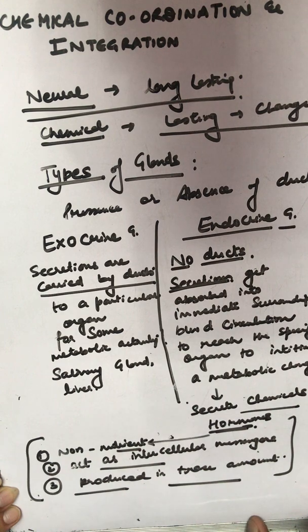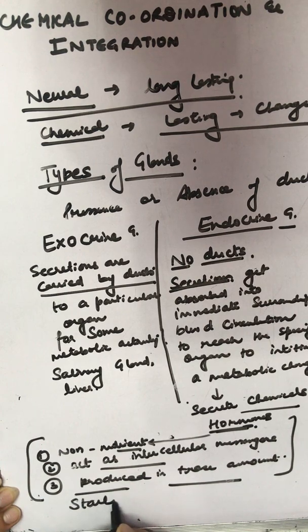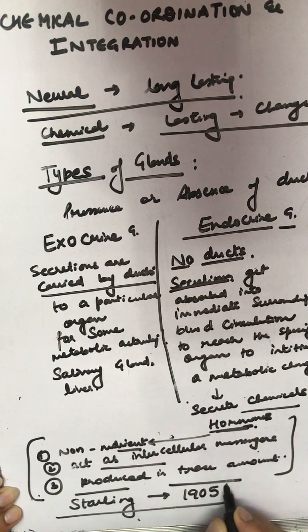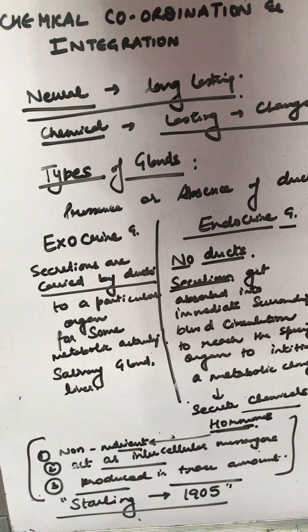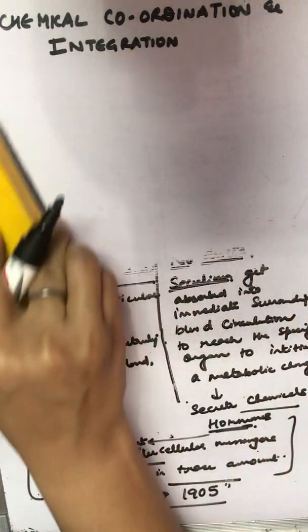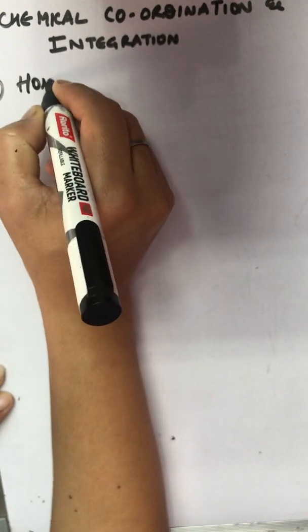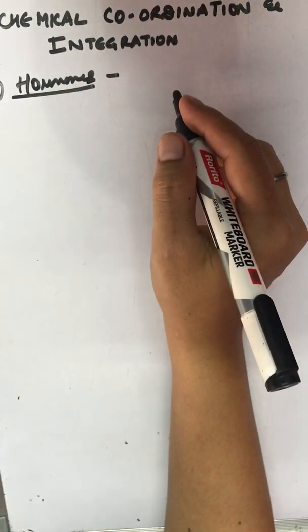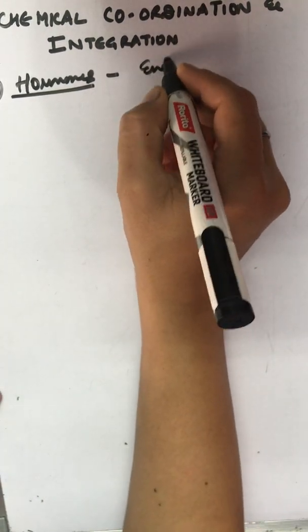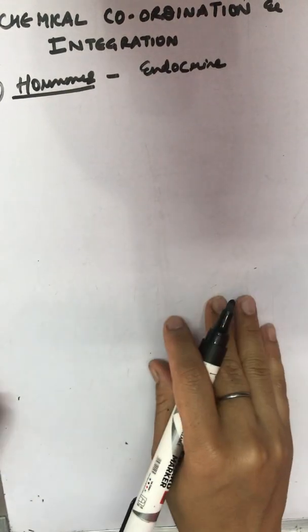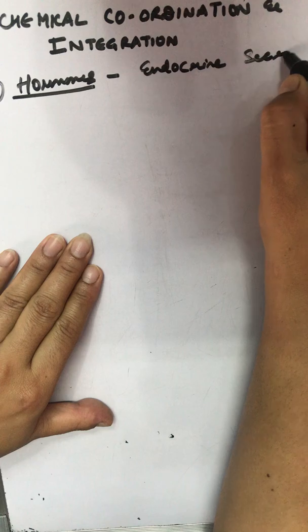Who introduced hormones? This term hormone was introduced by Starling in 1905. Now coming to the properties in detail. First of all, these hormones are always secreted by endocrine glands, meaning these are endocrine secretions.